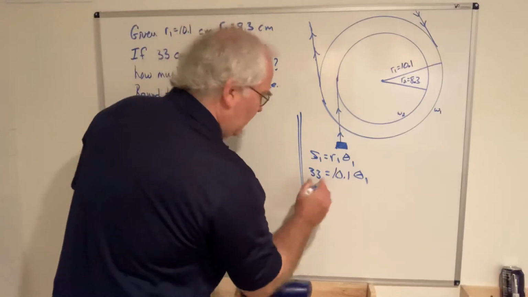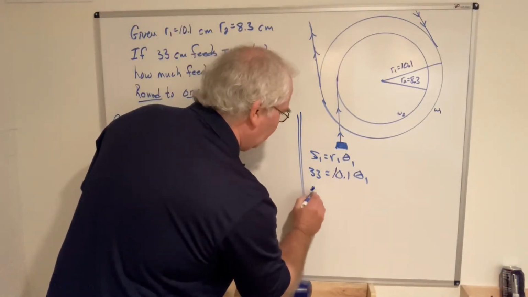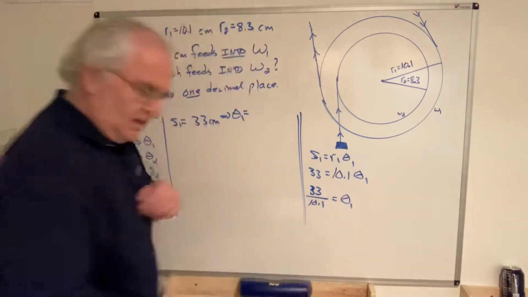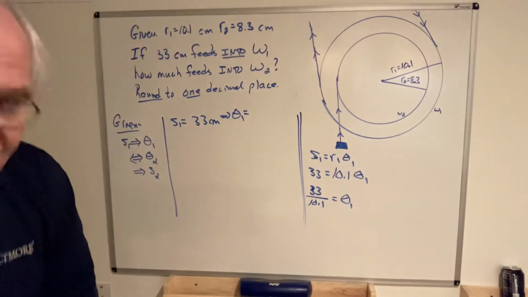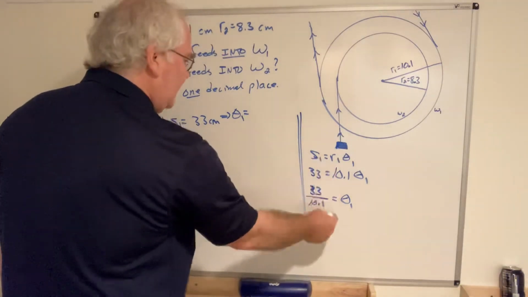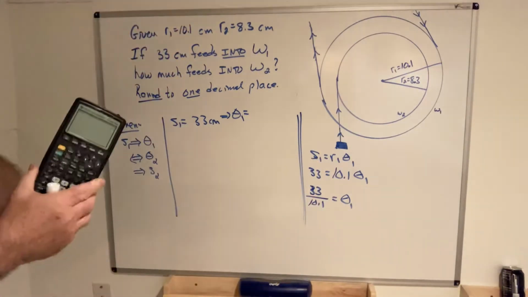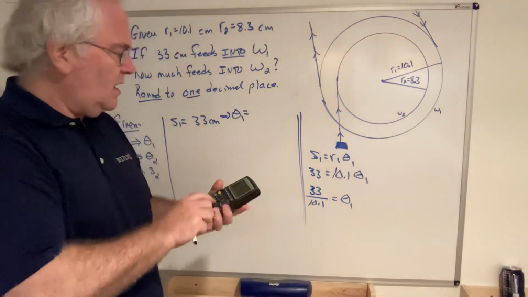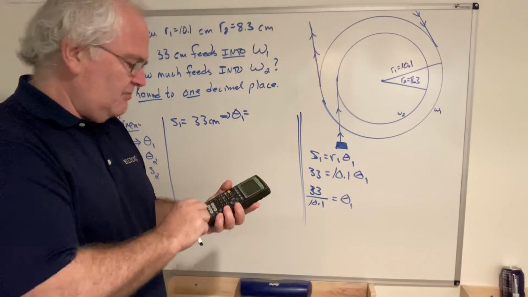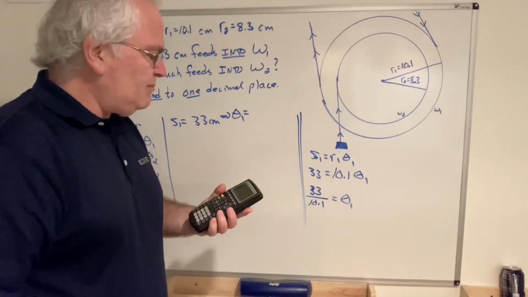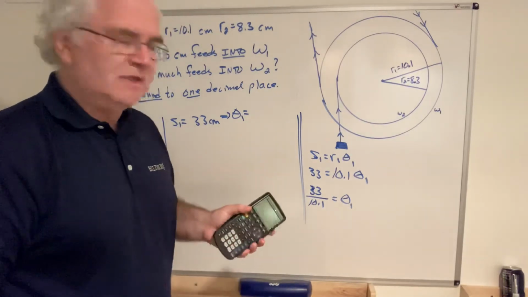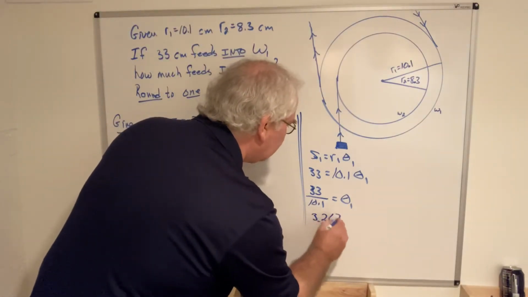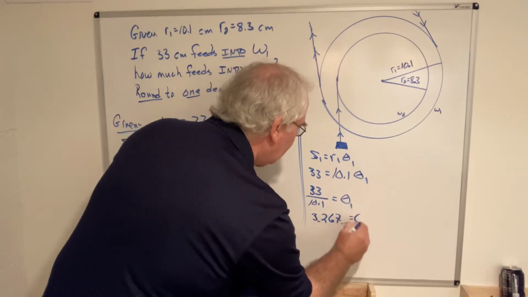Okay, so let's see. So theta 1, divide both sides here. So this is 33 divided by the 10.1 is theta 1. And after you have represented what you're doing, after the algebra, then you go to the calculator computation, not before. So I'm going to clear, I'm going to say 33, divide it by my 10.1, and I have 3.267 something. So that's theta number 1.